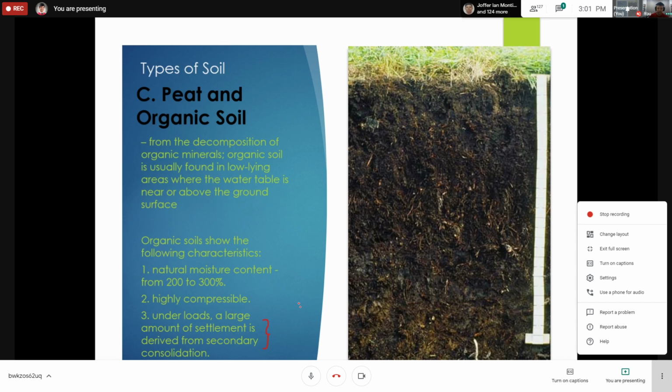Imagine that if you put a heavy load on a piece of bread, eventually after some period of time, its original width is no longer the same once you put a load on it, right? It compresses. So that's one great visualization of settlement or compressibility of your soil.